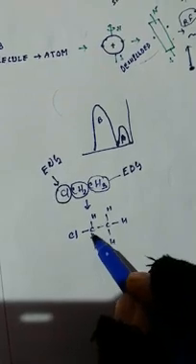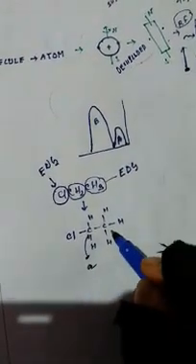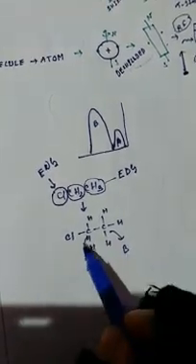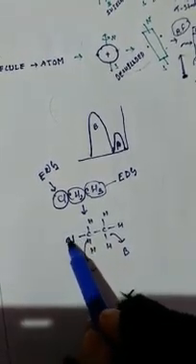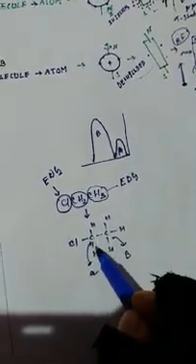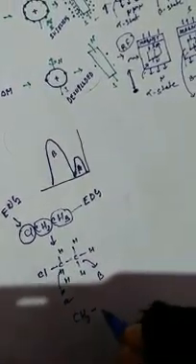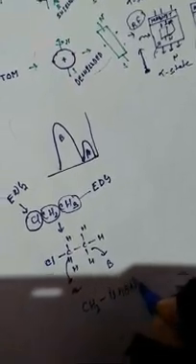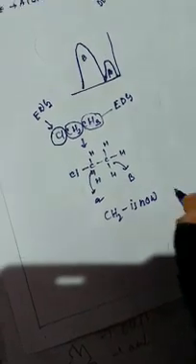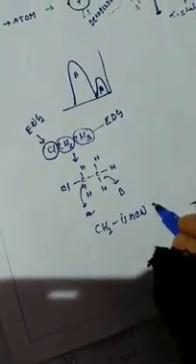Let us consider this is compound A and this is compound B. Since it is attached to the electron withdrawing group, this CH2 is now not shielded, it is deshielded.